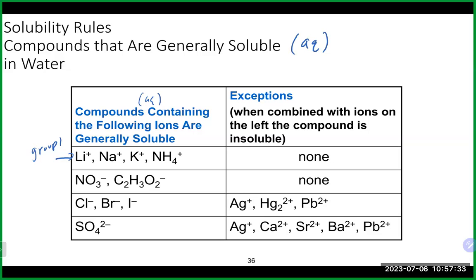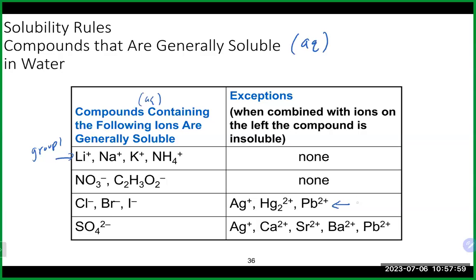Chloride, bromide, and iodide, they are soluble in everything, but there are some exceptions. So what does that mean? It means that if you see chloride, bromide, or iodide in a formula, in most cases, it will be soluble and it should have an aqueous symbol. The only time they would not be soluble is if there was silver, mercury 1, or lead 2 in the formula.